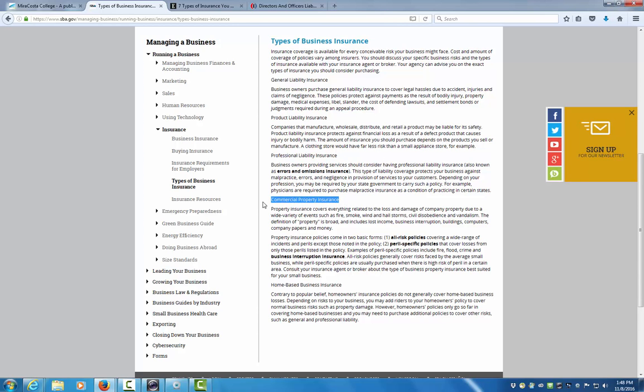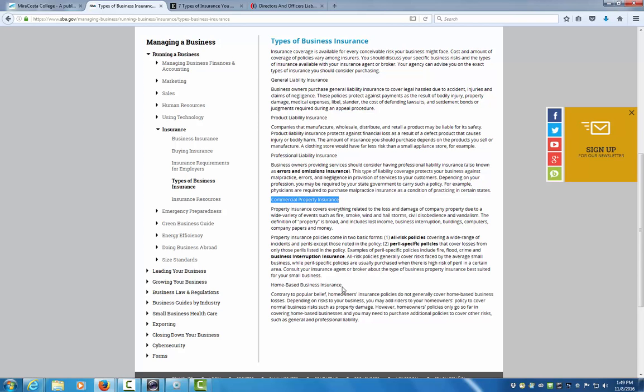Commercial property, obviously there is some coverage under general liability. We talked about property damage, but you can also have a commercial property insurance policy, and those cover everything related to the loss or damage of company property due to a wide variety of events. Some other types of insurance may be limited, so you want to look at a commercial property insurance policy for that.